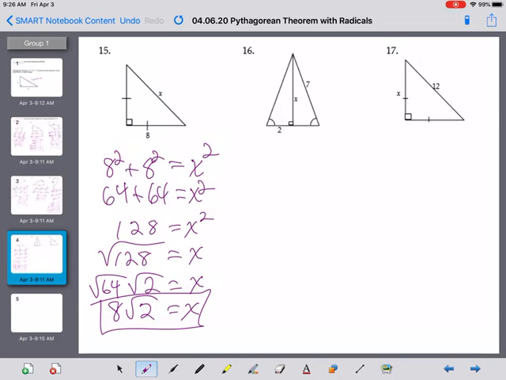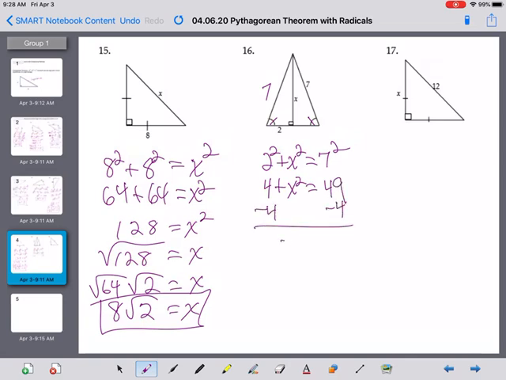Number 16 is isosceles because of the isosceles triangle theorem, converse. And therefore we can use half of this isosceles triangle to set up the Pythagorean theorem. So that's 4 plus x squared equals 49.